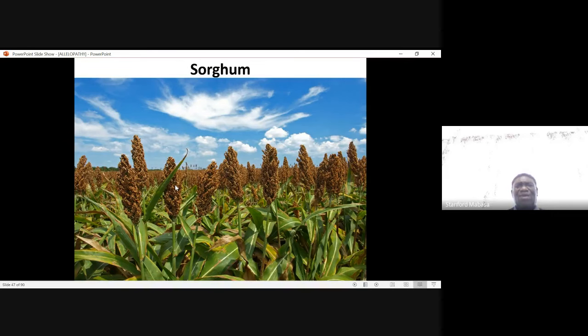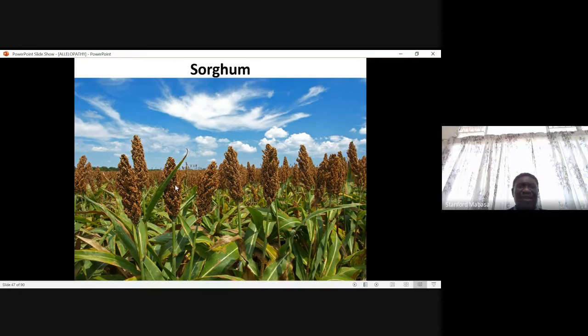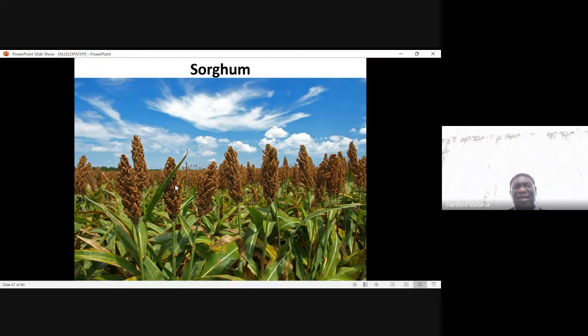You know, there's a lot of sorghum which is being grown by smallholder farmers, especially in the low veld. In fact, there's an area where there's a proposal to grow the same, and the farmers are preferring to grow sorghum, which they are already selling.